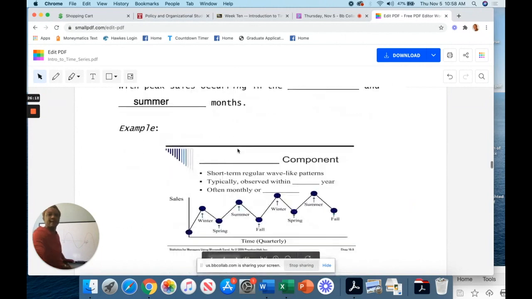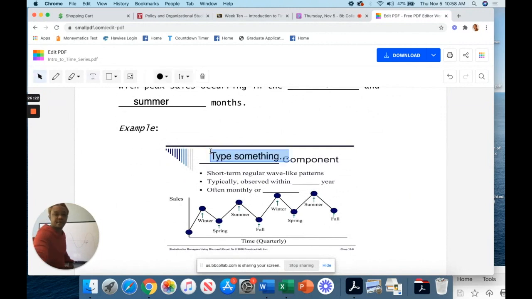Now I'm going to type seasonal again right here. Okay. And using a year as a benchmark for cyclical, you're going to say typically, in this case, observed in 1 year. Typically.